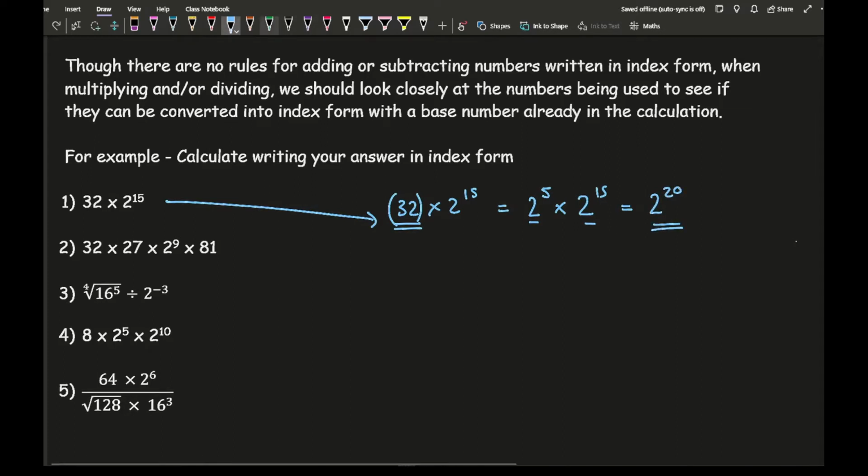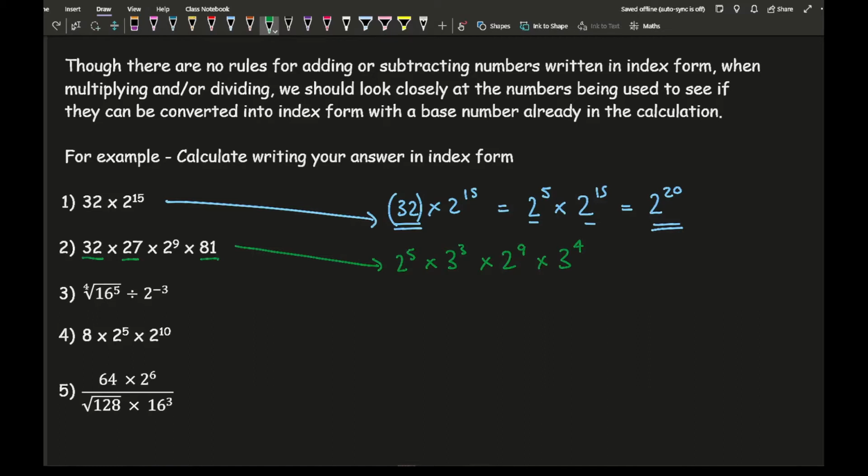Looking at question 2, here I've got a mixture. I can rewrite 32, as I did in the previous question, as 2 to the power of 5. 27 I can write as 3 to the power of 3. Then I've got 2 to the power of 9, and 81 I can write as 3 to the power of 4. So all I've done is replace some of the numbers.